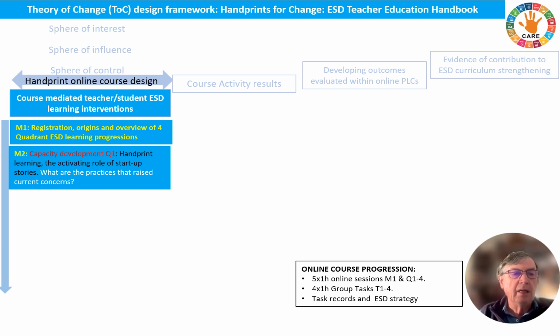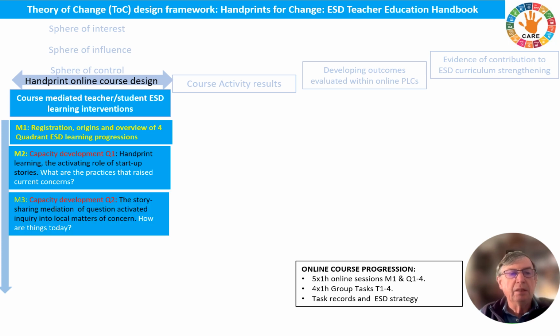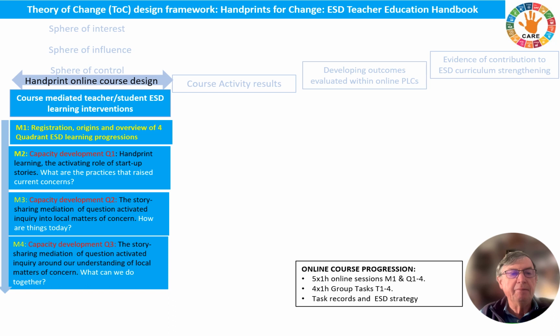The question that could guide this is, what are the practices that raise current concerns? And then we'd look at Module 3, which would be capacity development 2, the story sharing mediation of questions to activate inquiry into a local matter of concern around how are things today.